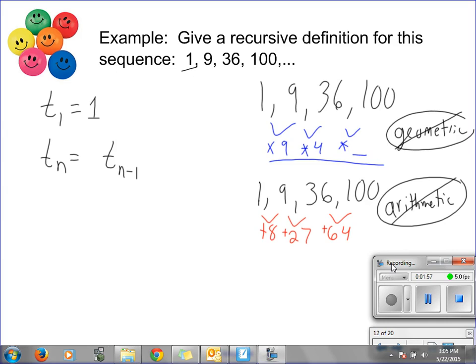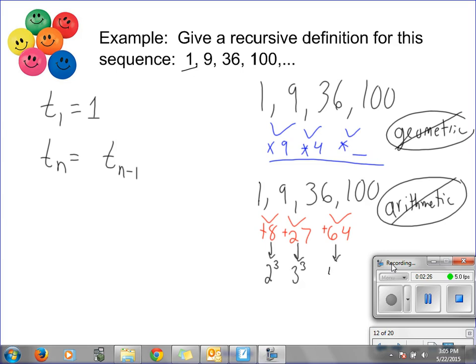Now, if we look at 8, 27, and 64, those numbers seem kind of interesting. Even if we look at the second difference, which may be helpful, may not be, I really don't think the difference between 8 and 27, which is 19, and between 27 and 64 is the same value. But I'm noticing something interesting. 8 is really 2 times 2 times 2, or 2 to the third power. 27 is really 3 times 3 times 3, or 3 to the third power.